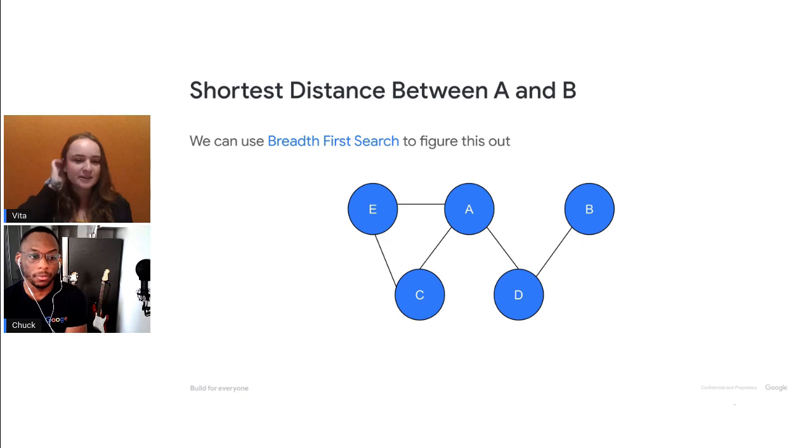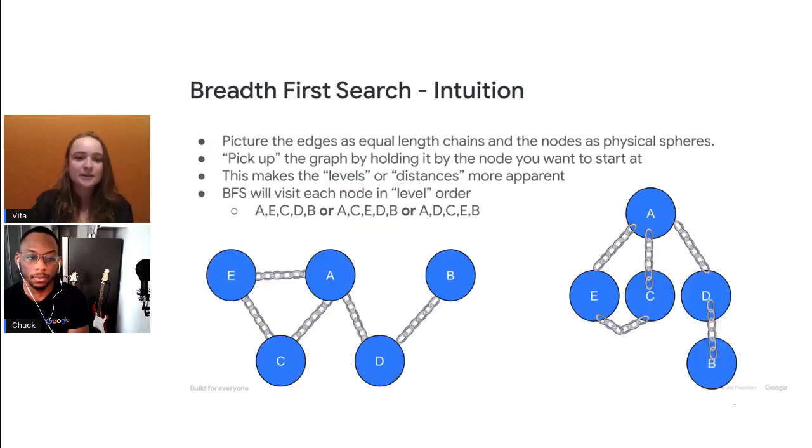We can also answer things like the shortest distance between A and B, and this is where an adjacency matrix might not be helpful to us, but we can use breadth first search. So let's go a little bit into BFS really quickly. Some intuition behind it: when you're thinking about breadth first search, picture the edges of your graph as equal length chains and the nodes as physical spheres that you can pick up and move around.